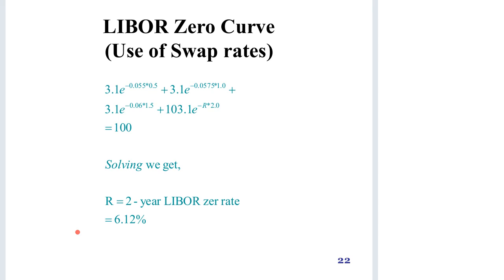This is paying at par, and therefore I can take the value and find out what the 2-year rate is. I know the 6-month rate, the 1-year rate, the 1.5-year rate, and I can use those to calculate the 2-year rate if I know the value of the bond in the market. Because the value of the bond here would be par, the face value, which is 100, I can easily compute that value in that process.